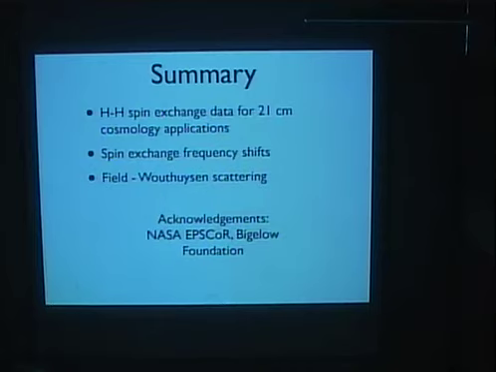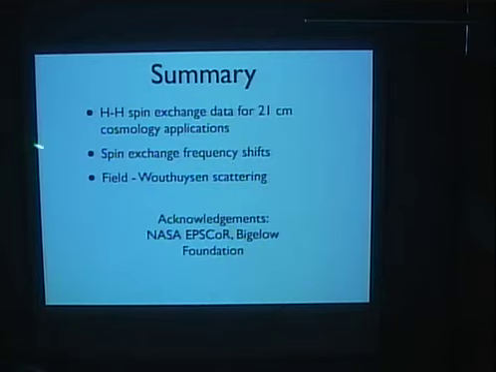So my summary is that I've given a survey of spin exchange data for 21 centimeter cosmology applications. In terms of the accuracy, the fidelity of these cross-sections, we're in pretty good shape. Various theories and experiments seem to converge to a common value that is used in the modeling of the 21 centimeter absorption.